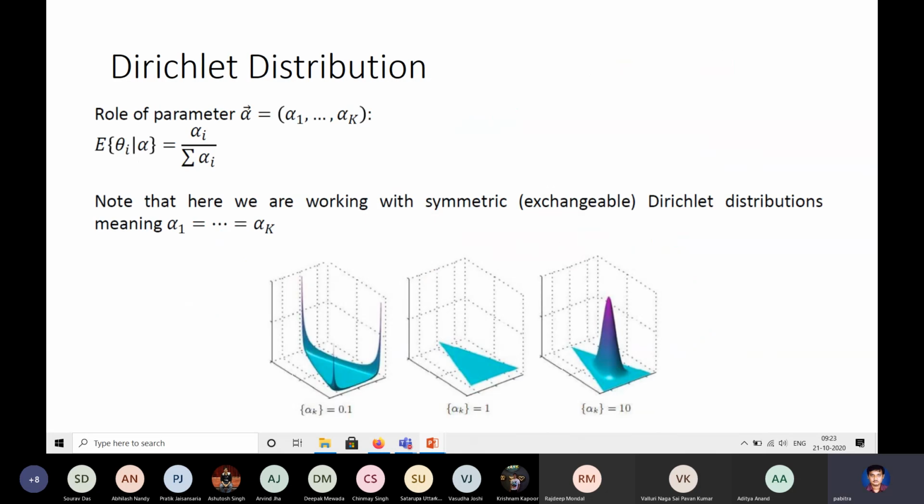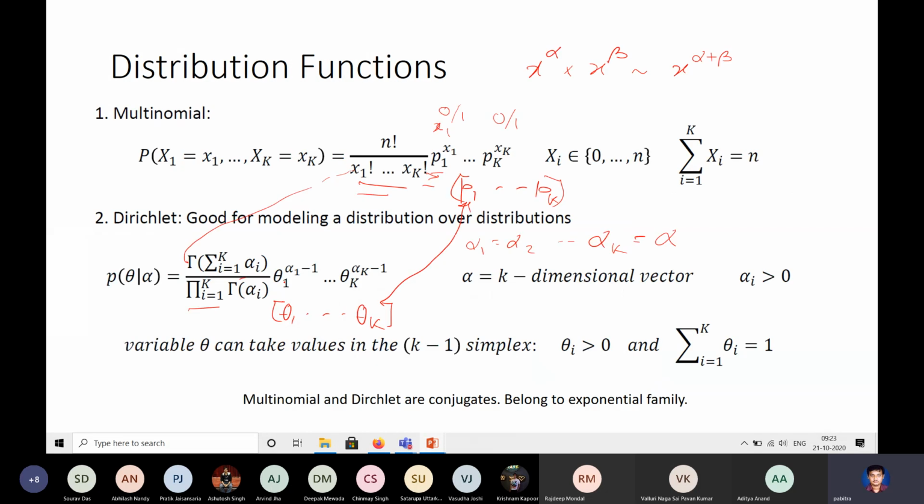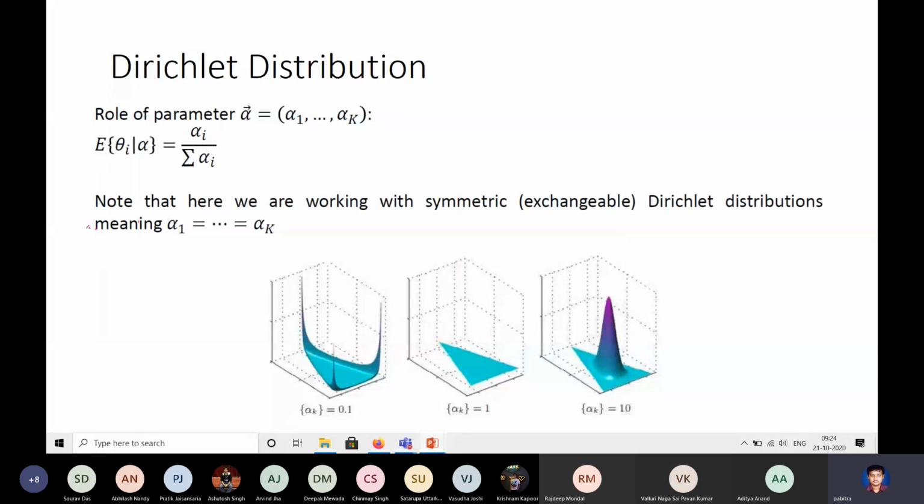Okay, so let us look at this. We have talked about two distributions. One has all the mass concentrated near the corners. The other has all the mass concentrated near the center of the triangle. If all the alphas, let's say, are less than 1, then you get this shape.